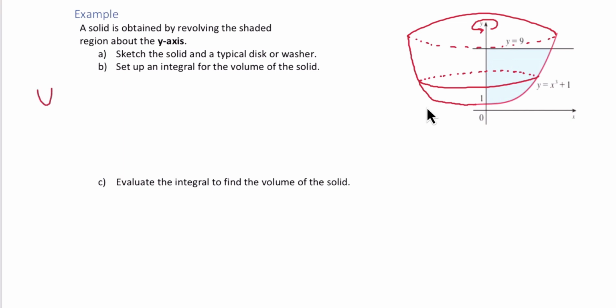The volume is the integral from 1 to 9, and this time the area is a function of y, dy. Integral from 1 to 9. Again, each slice is a circle, so the area is pi r squared.